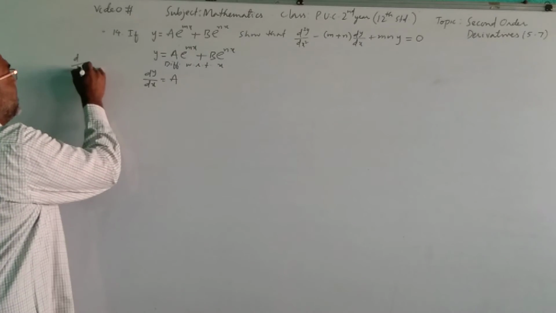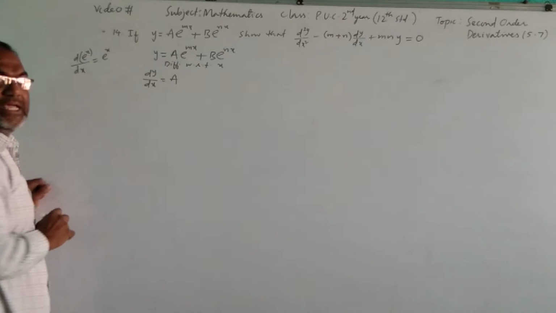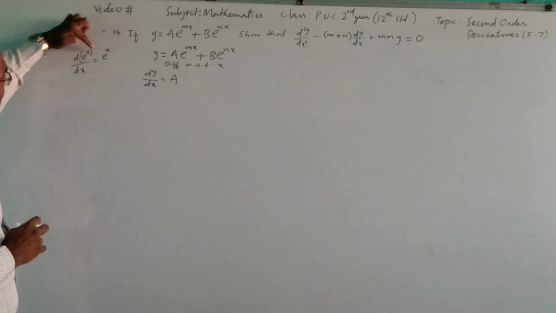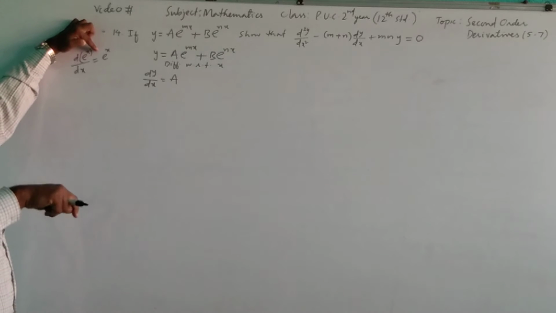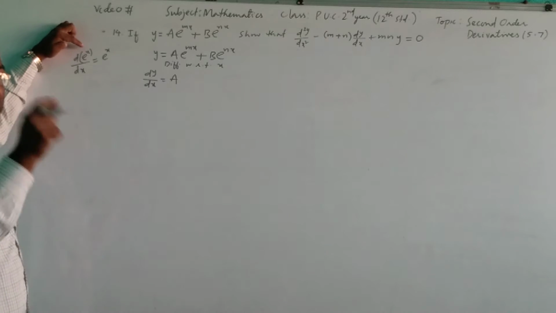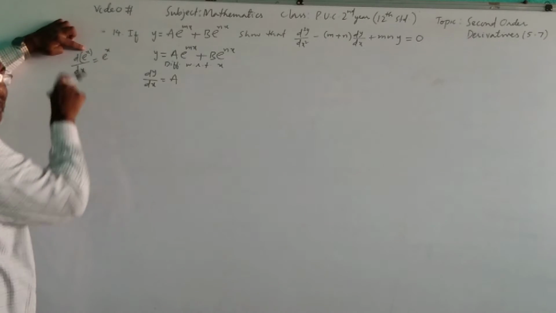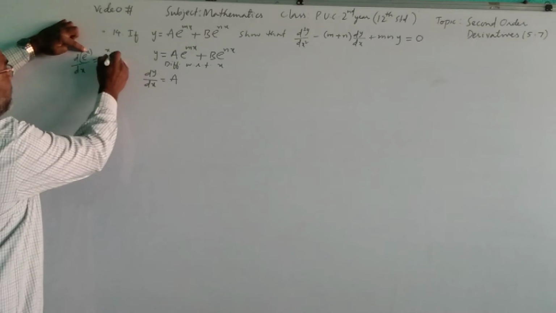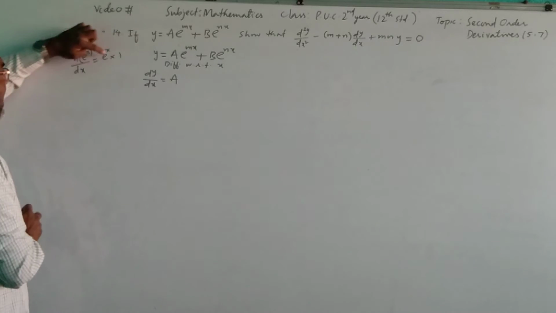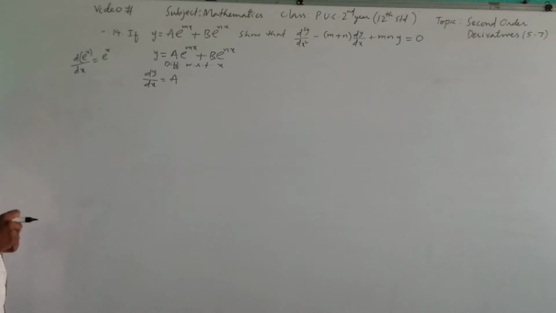Differentiation of e to the power of x is e to the power of x only. But whatever is in the power, we must differentiate that also. But we don't do it here because it is only x. When it is only x, if you differentiate, it will be 1 and that makes no difference. That's why we do not write it.